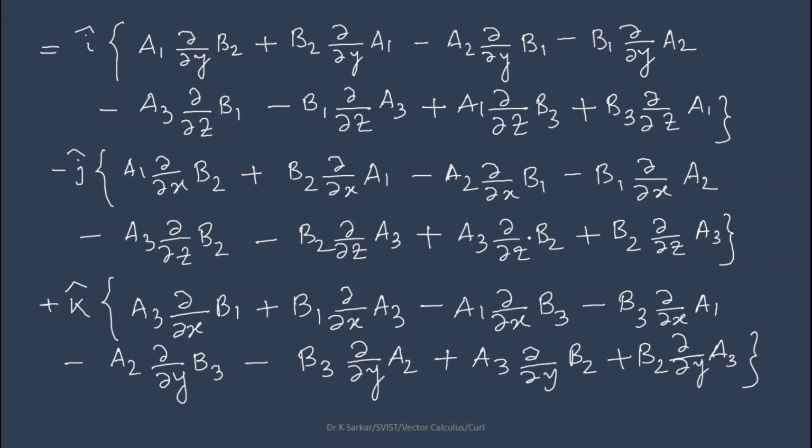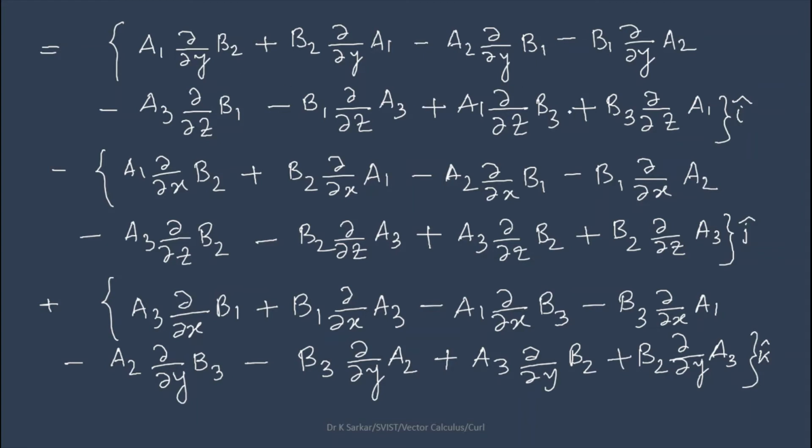Now we will arrange the terms. Actually, we should write these unit vectors at the end. So here we say that A1 del/del y B2 plus A1 del/del z B3.